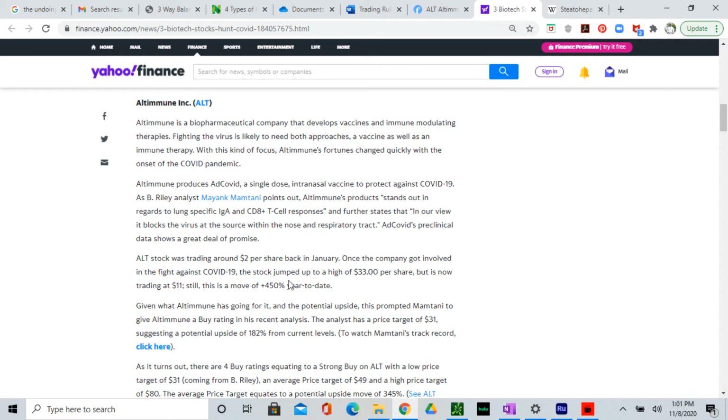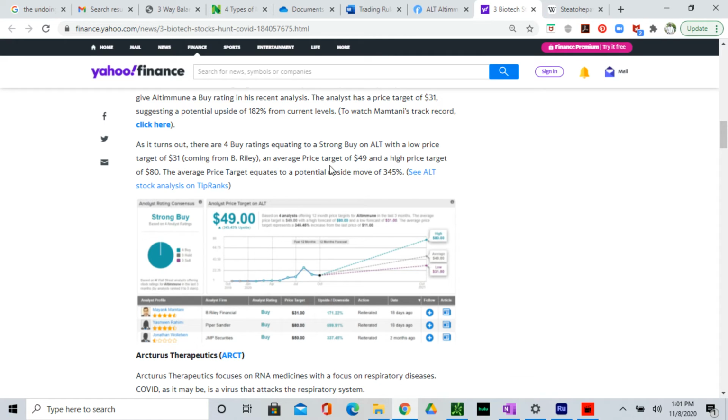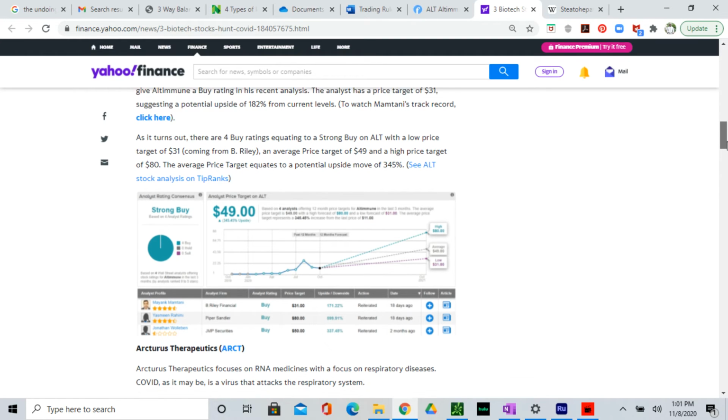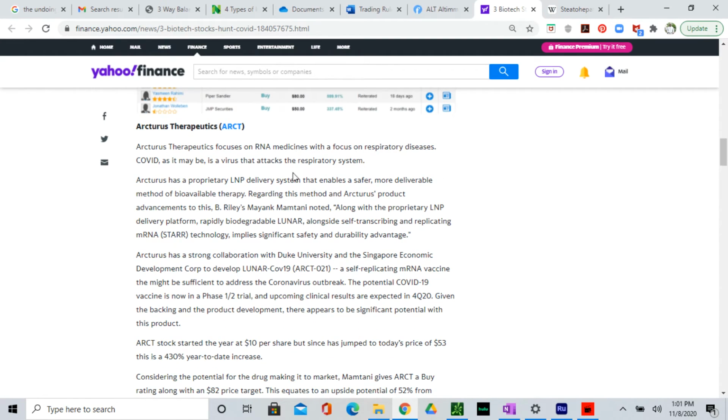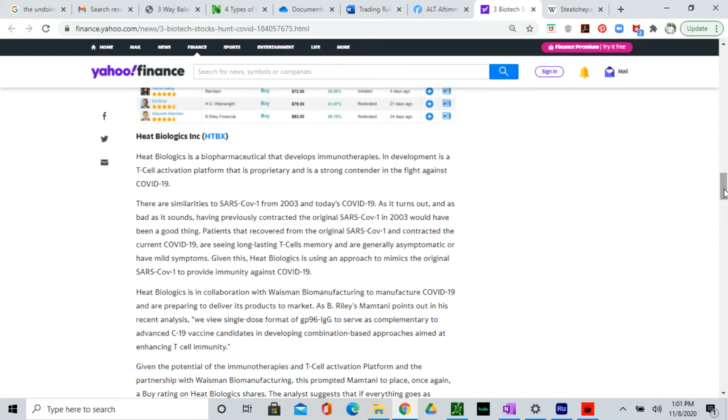It mentions some of its movements before, and then you'll have an analyst rating of a four for buying or five, something like strong buy, and some target prices that some of the analysts are seeing. It goes into other companies, ARCT, which I was kind of looking at before, and Heat Biologics. Oh wow, okay, I totally forgot about you.